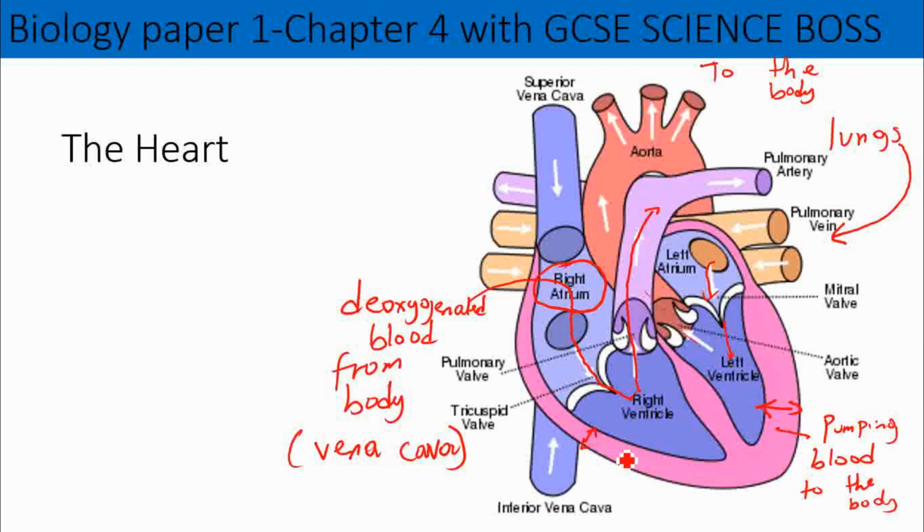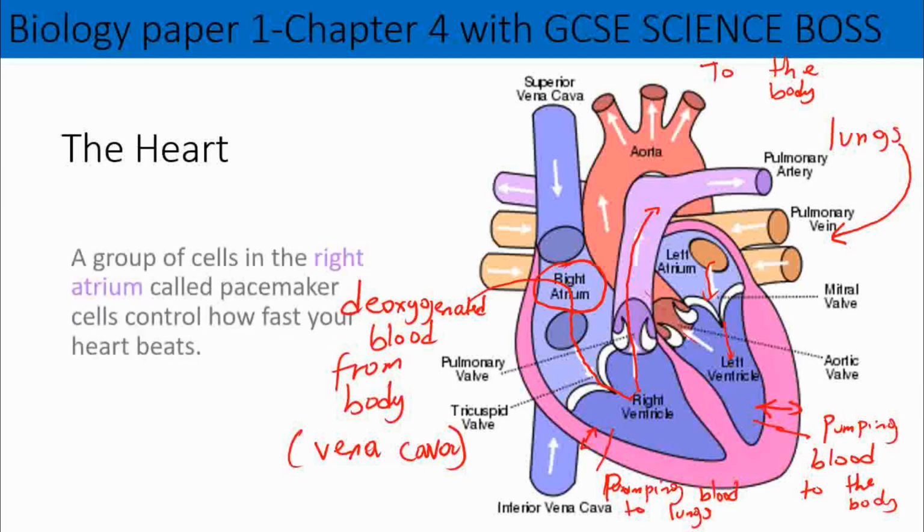Whereas the right ventricle pumps blood to the lungs, which is very close. So the left ventricle is doing a harder job than the right ventricle.